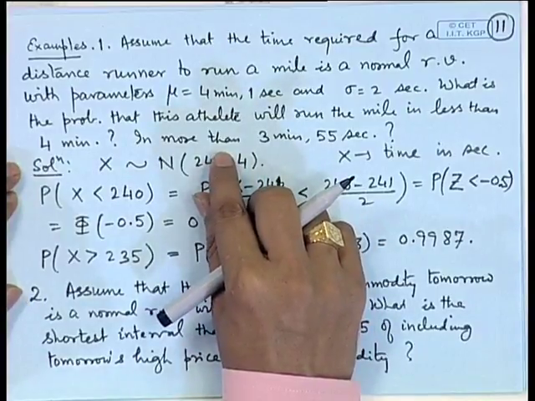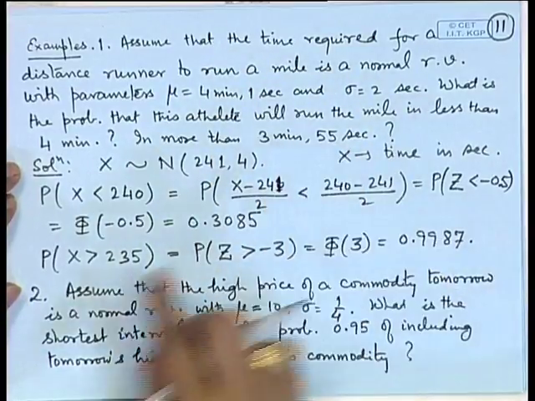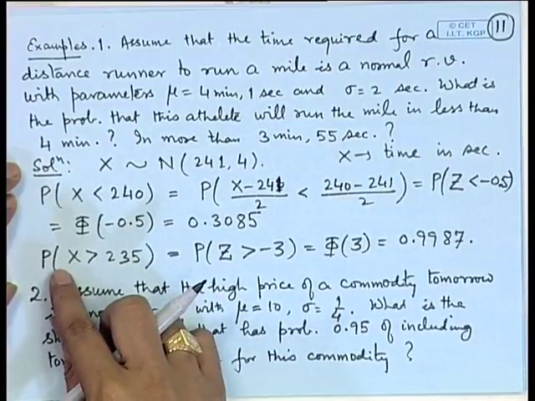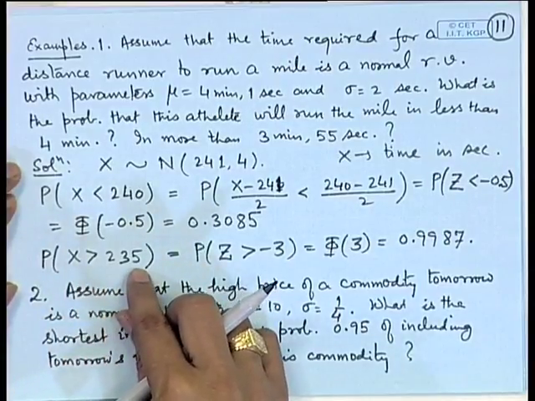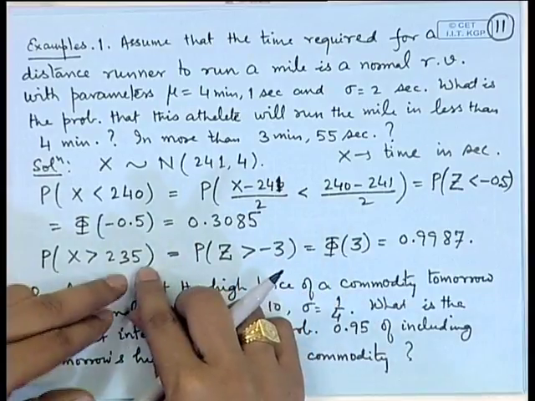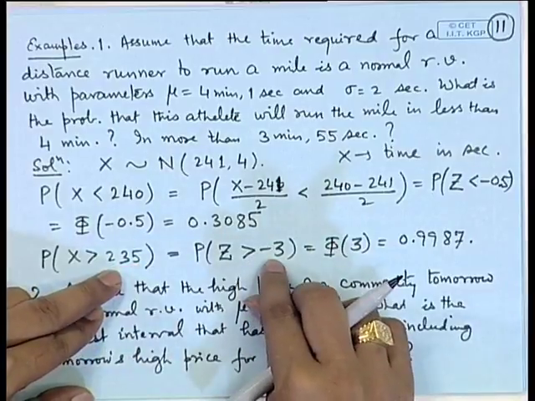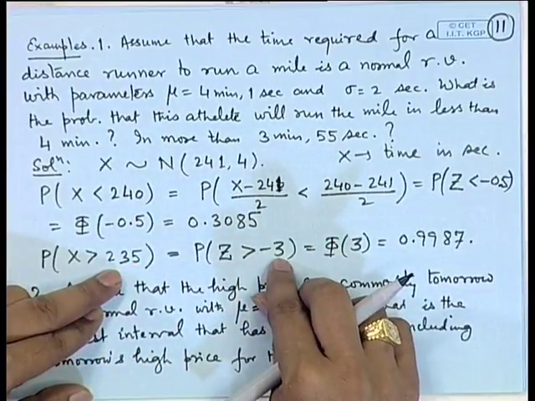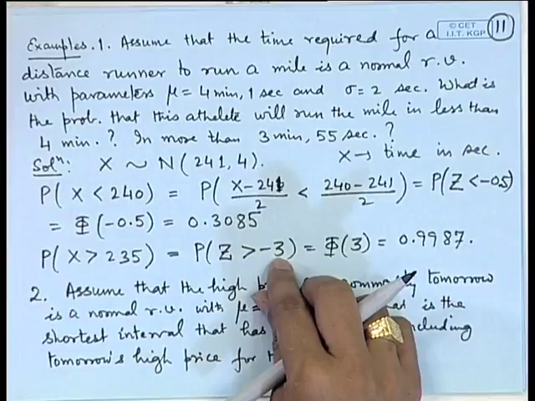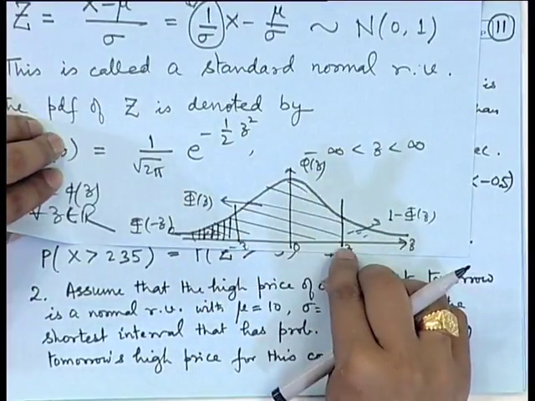Similarly, if we want to calculate the probability that he will run in more than 3 minutes 55 seconds, then probability x greater than 235, that is probability z greater than (235 minus 241) divided by 2. So, it becomes z greater than minus 3. If we look at the shape of the distribution, with minus 3 here, then 3 is here.